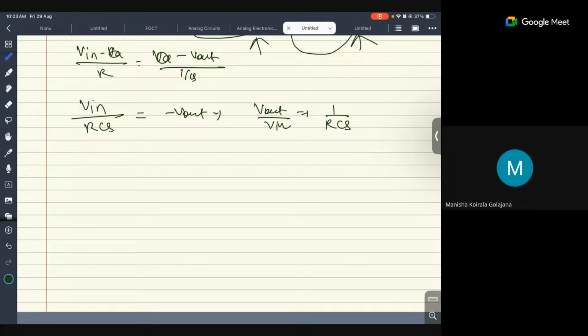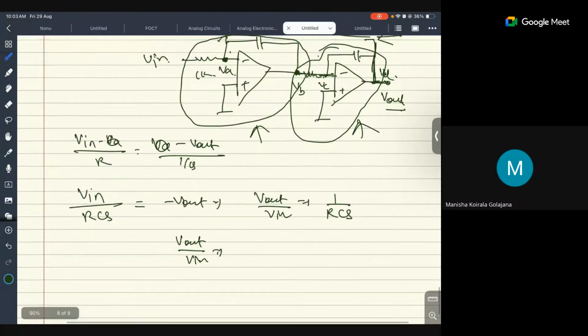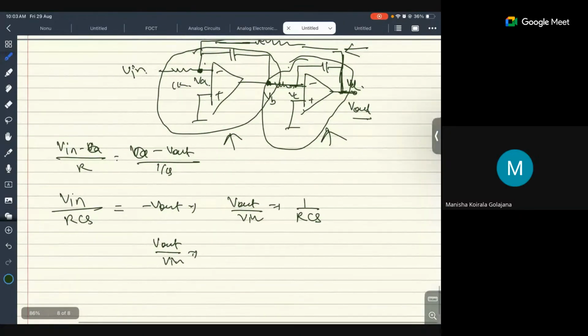We are saying V out by V in is equal to, if we are taking only these two circuits first, 1 upon 1 plus RCS square.